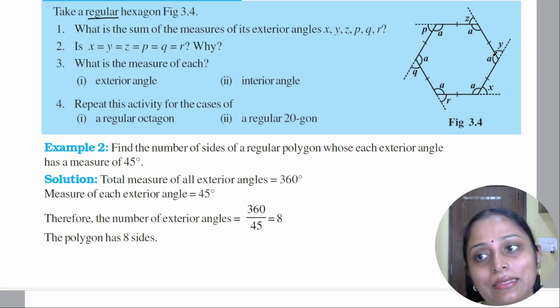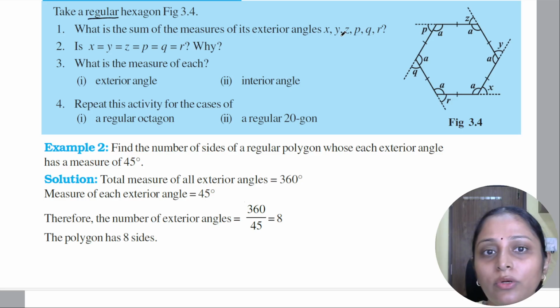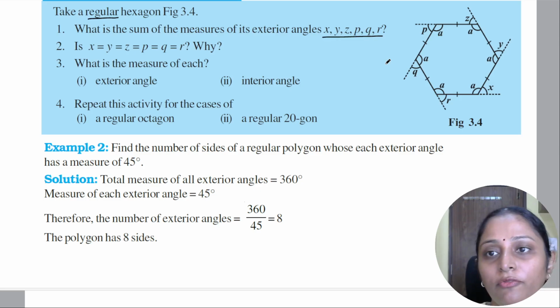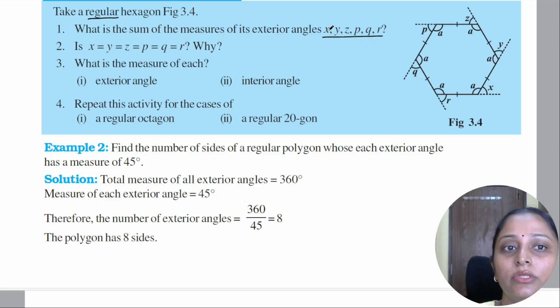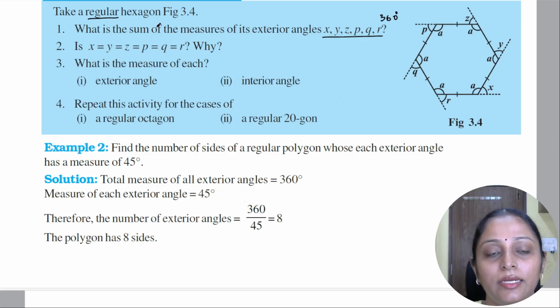Okay, all the 6 sides are of equal length. Now the question is, what is the sum of the measures of its exterior angles? Now we have looked at the result, right? Sum of the exterior angles of any polygon is equal to 360 degrees. So the answer here is 360 degrees. Sum of the measure is 360 degrees.